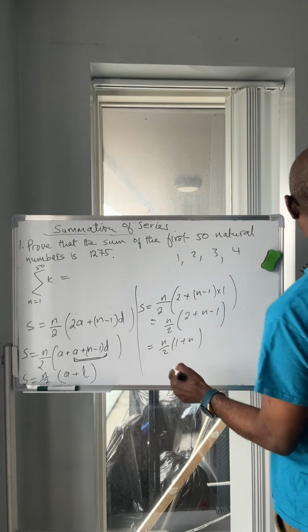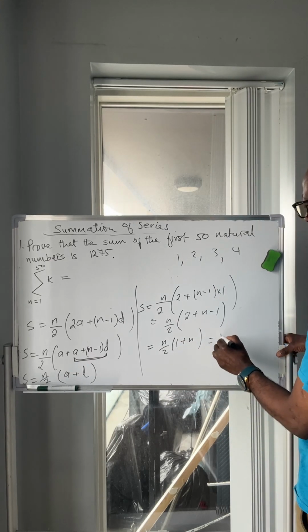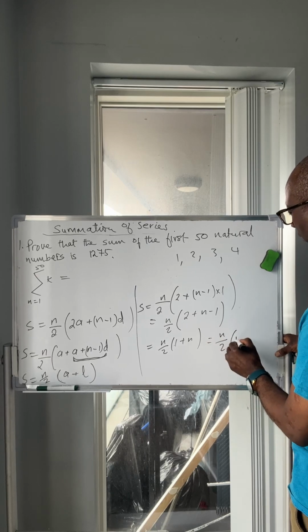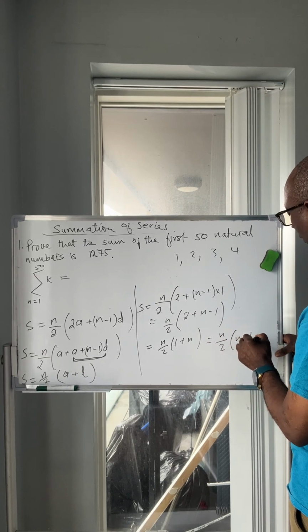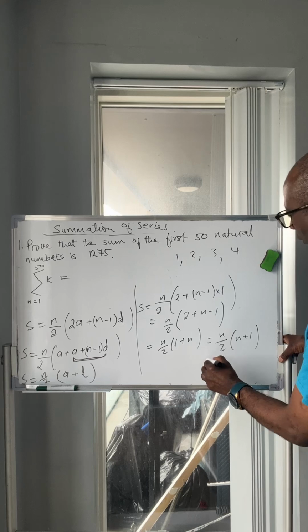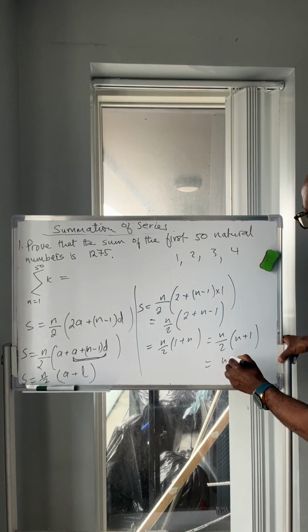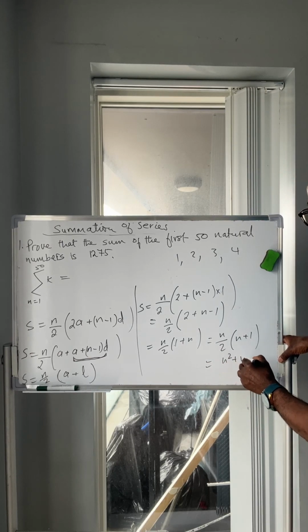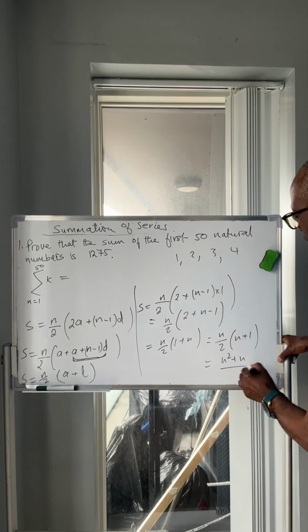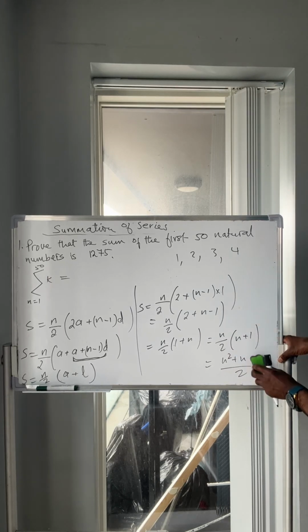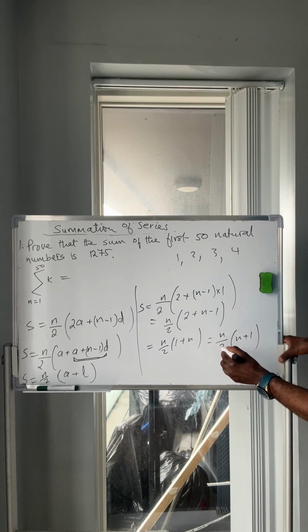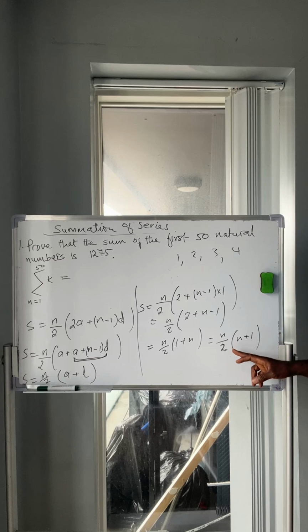Or you put it the other way around, n all over 2 into n plus 1, or n squared plus n all over 2. But normally, we leave it as n all over 2 into n plus 1.